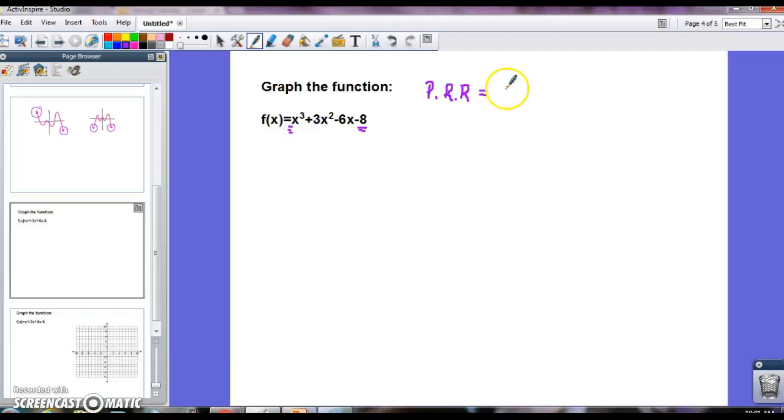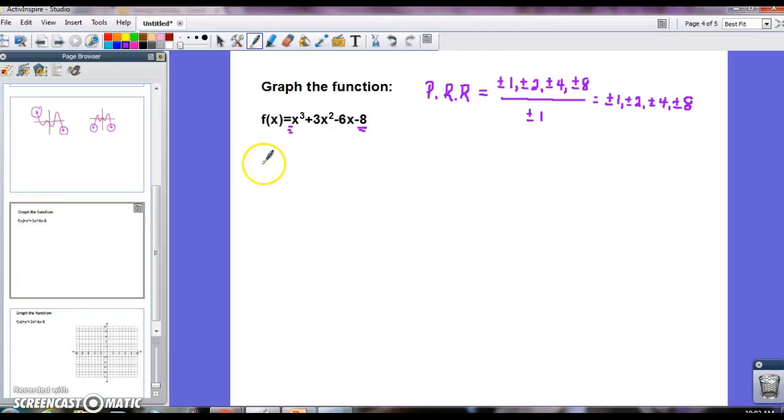So all of our factors of 8 are plus or minus 1, plus or minus 2, plus or minus 4, plus or minus 8, and all of the factors of our leading coefficient are plus or minus 1. So that leaves us with plus or minus 1, plus or minus 2, plus or minus 4, plus or minus 8 as our possibilities of rational roots or zeros.